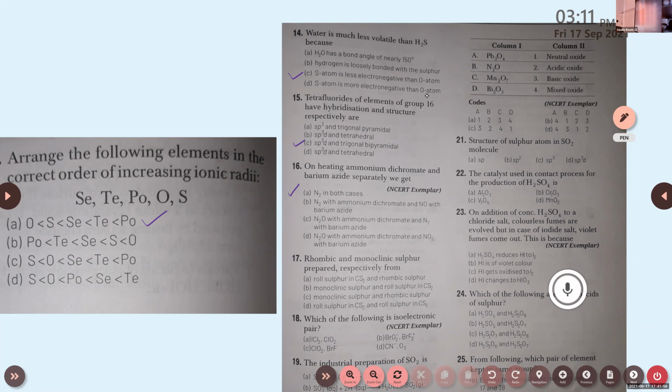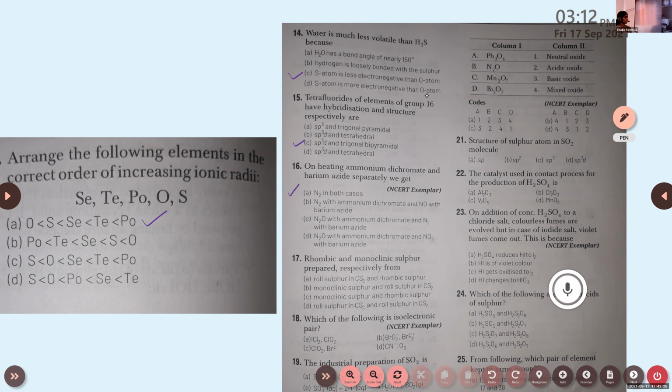Aditya, can you tell me the answer? Rhombic sulfur crystals are found on evaporating the solution of roll sulfur in CS2.